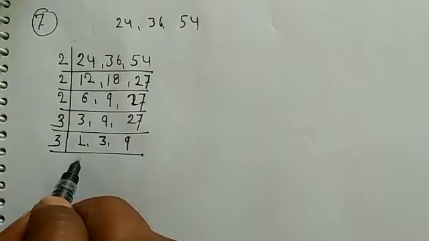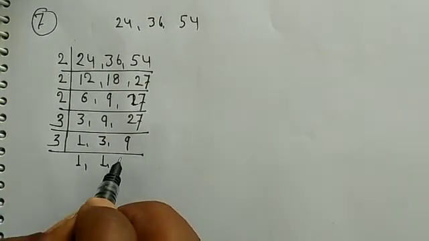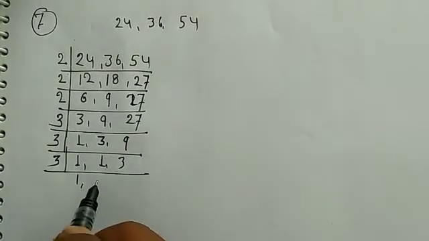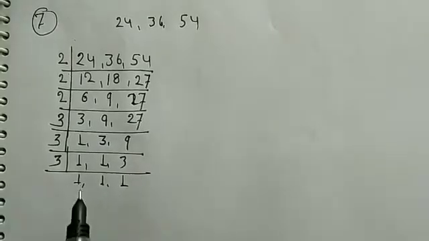Now divide by 3 again. 3 1s are 3, 3 3s are 9. 3 1s are 3.